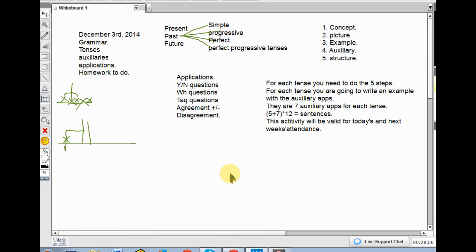Now let's see an example of a negative agreement. The negative agreement is the same. You have two possibilities. Number one, the structure is subject plus negative auxiliary plus either. How do you spell either?